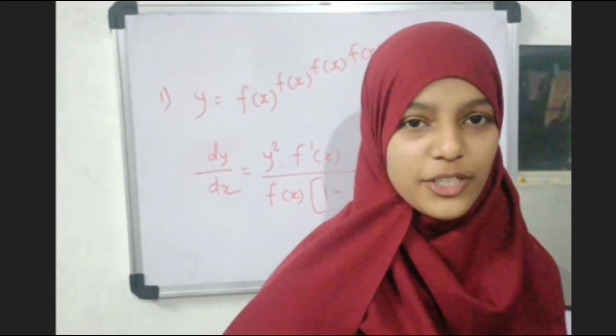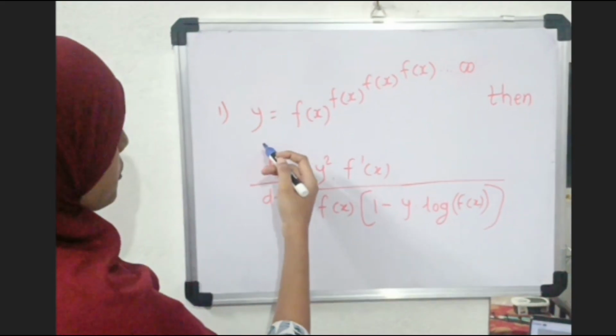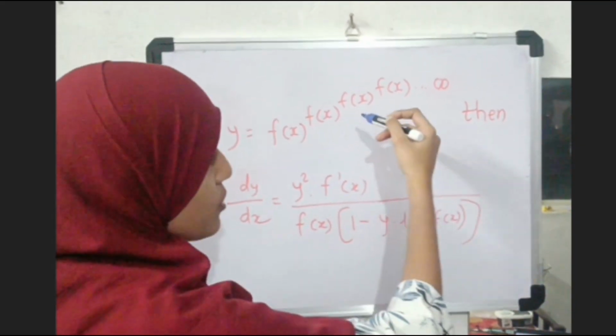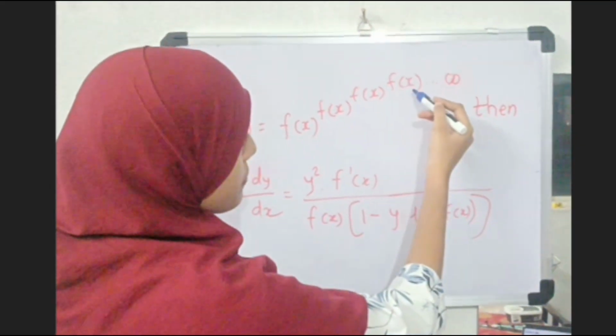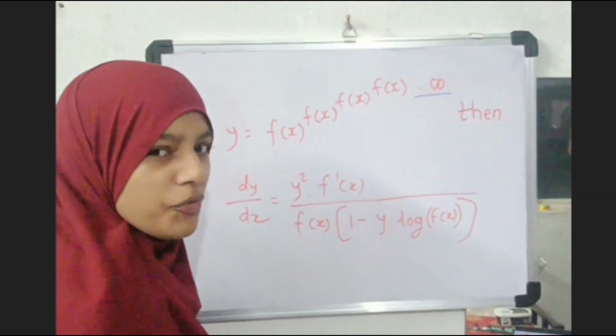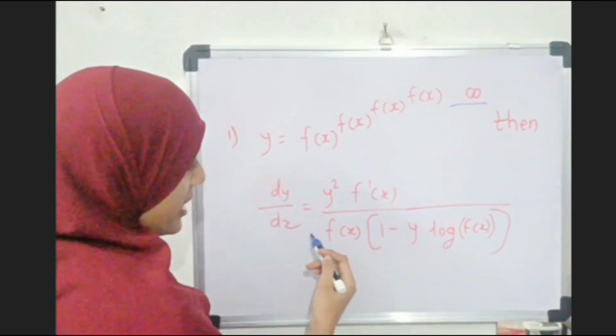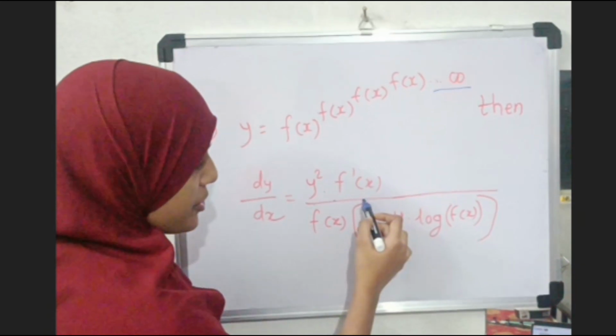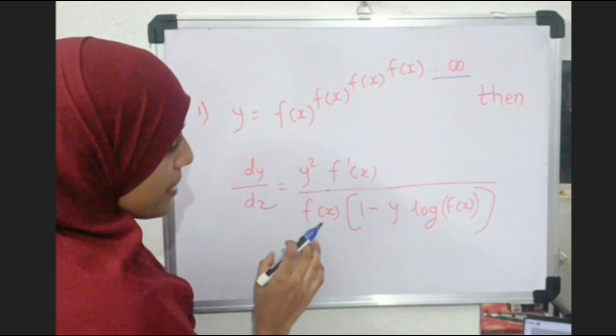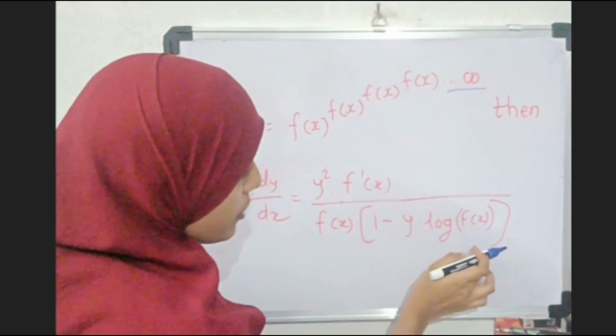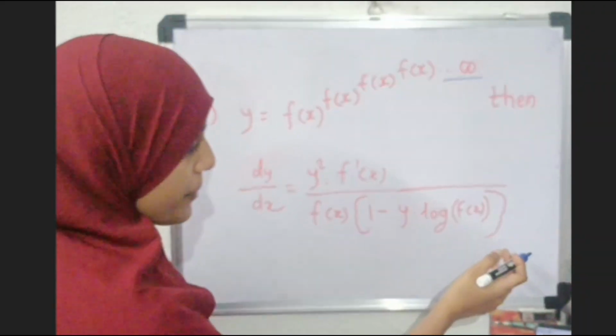Let's move towards our next short trick. If we are given a function f of x raised to f of x raised to f of x up to infinity, then what will be the dy by dx? Dy by dx will be y square into f dash x divided by f of x into 1 minus y into log of f of x.